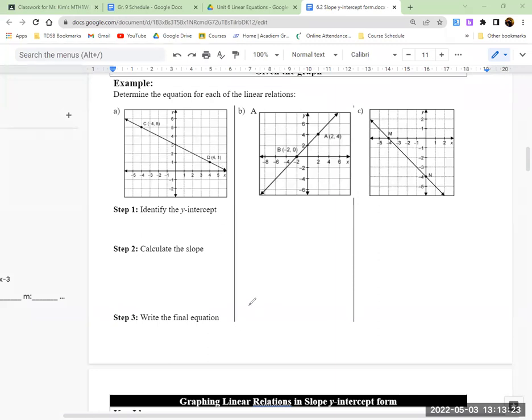Okay, so let me finish this and see if it answers your question. So just to recap, for this one, my y-intercept is, let's do it in blue, right here. That's a 2. My slope, based on my calculation, I believe it was positive 1. So my equation is 1x plus a 2.